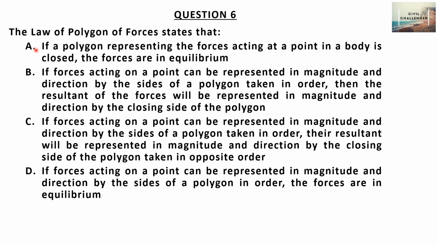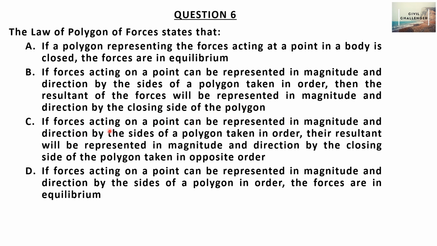The law of Polygon of Forces states that option A, if a polygon representing the forces acting at a point in a body is closed, the forces are in equilibrium. Option B, if forces acting on a point can be represented in magnitude and direction by the sides of a polygon taken in order, then the resultant of the forces will be represented in magnitude and direction by the closing side of the polygon.